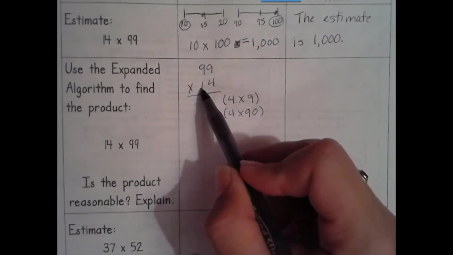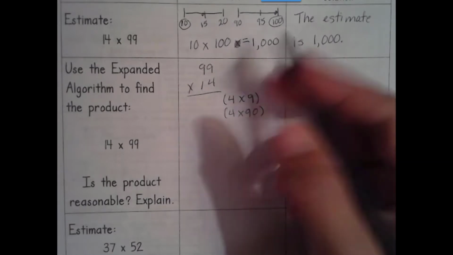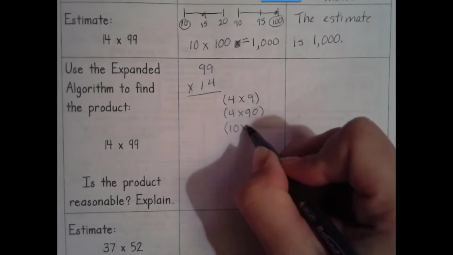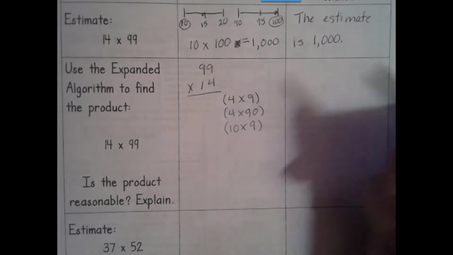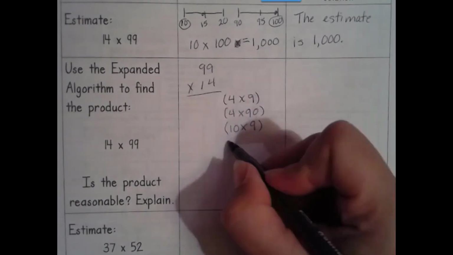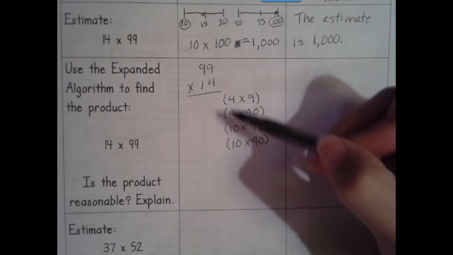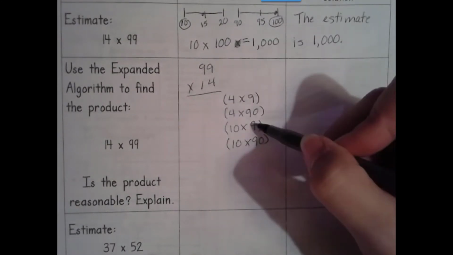Now to get this part, 10 to the ones. 10 groups of 9. And then 10 groups of 90. So we've taken care of the 10 groups of 99.